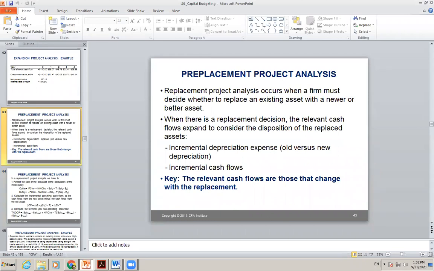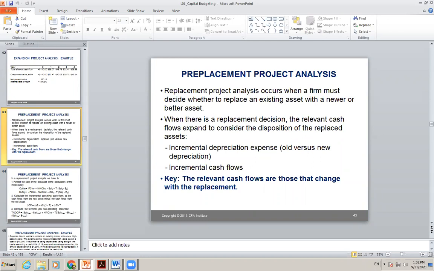Yes, thank you. Okay. Replacement project analysis, as I said, occurs when a firm must decide whether to replace existing equipment with a new one. The purpose is to get something better, in terms of getting more money and saving cost.